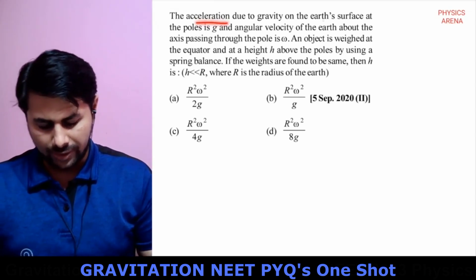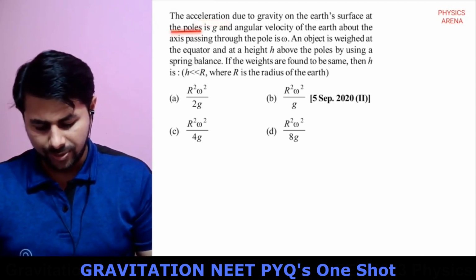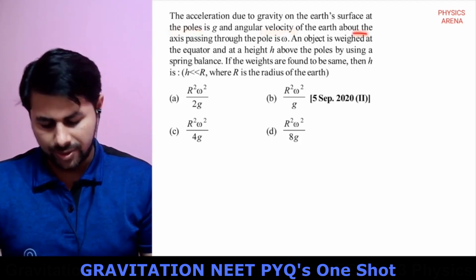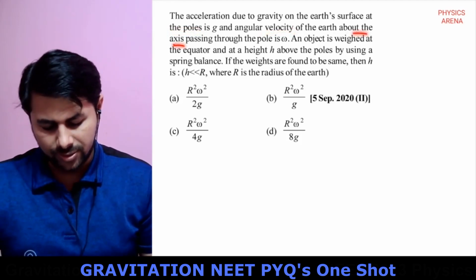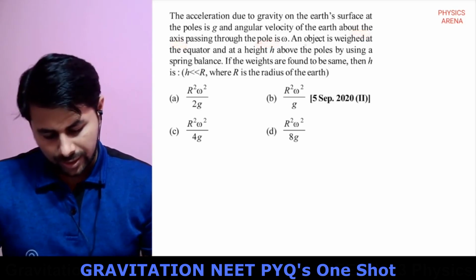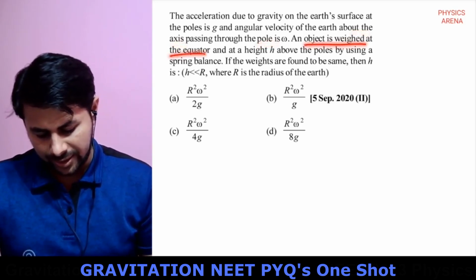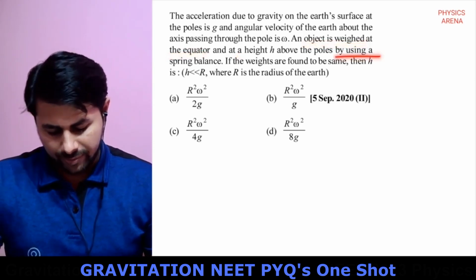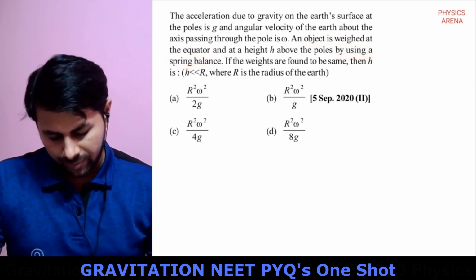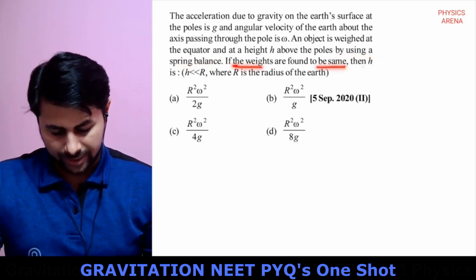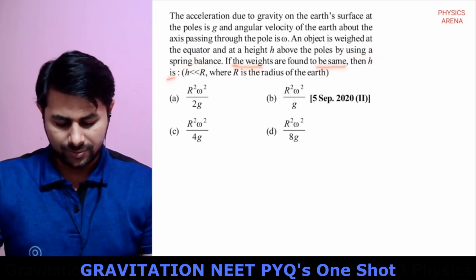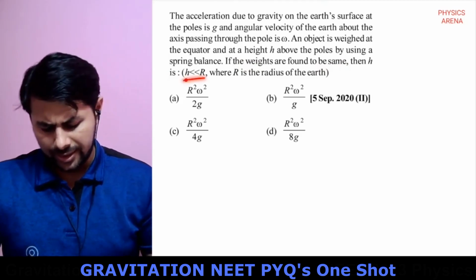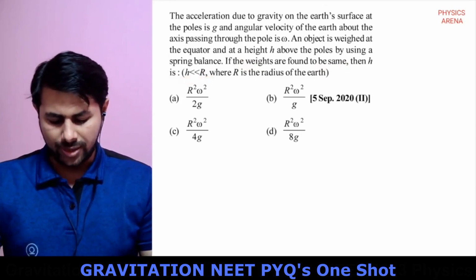This was simple. Next question. The acceleration due to gravity on Earth's surface at the poles is g, and angular velocity of the Earth about the axis passing through the pole is omega. An object is weighed at the equator and at height h above the poles by using a spring balance. If the weights are found to be the same, then h is... They are giving h is very small compared to r.